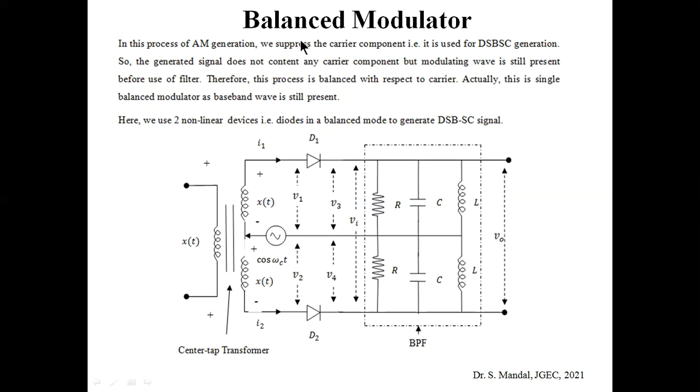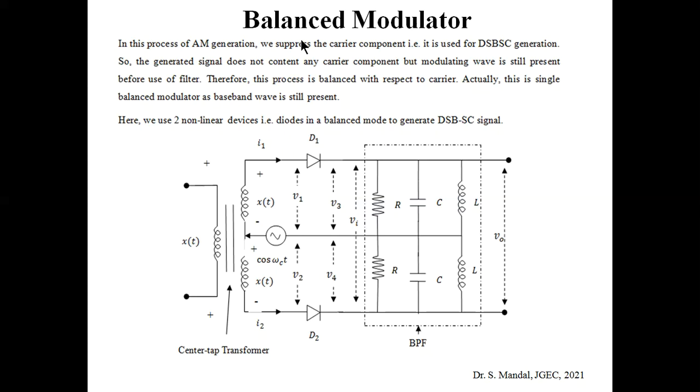Now why do we call it a balanced modulator, that will be explained later, but right now you should remember that in this case the corresponding equation has no carrier component or other DC term or other harmonics. All these terms are discarded by this circuitry. That's why we call it a balanced modulator.